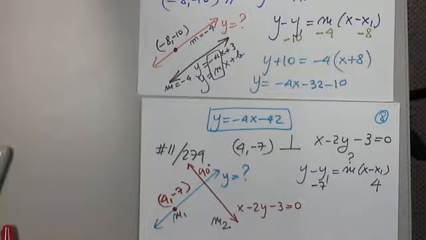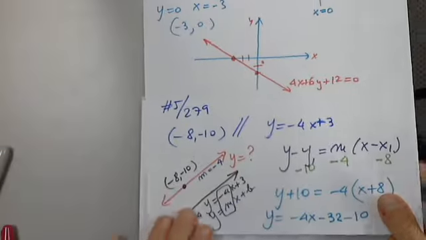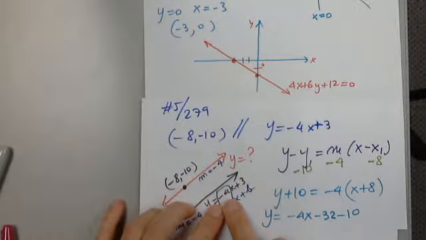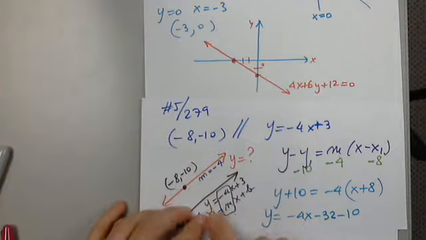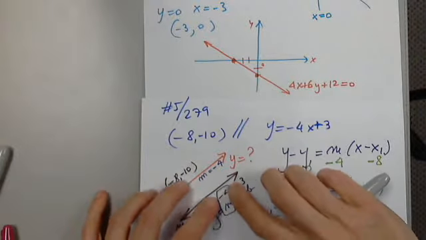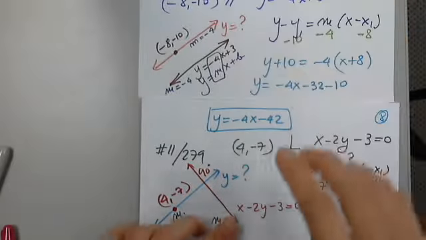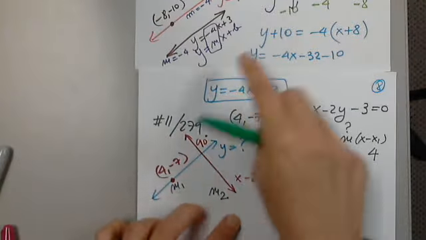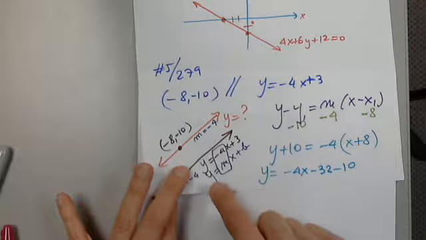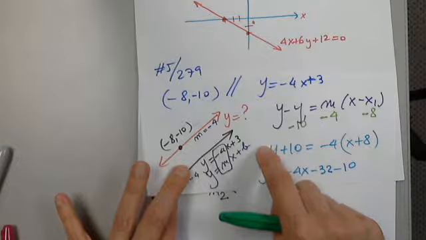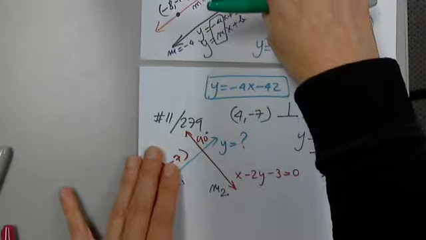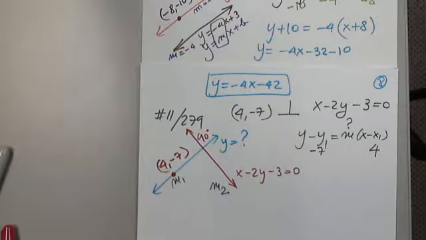Because this time I cannot read it as easily as I was able to here. Here the equation was solved for y, and it was very easy to identify the slope. But this equation is not solved for y. It's not set up into the form y equals mx plus b, at least not yet. What should I do first to this equation to determine the slope of the second line?